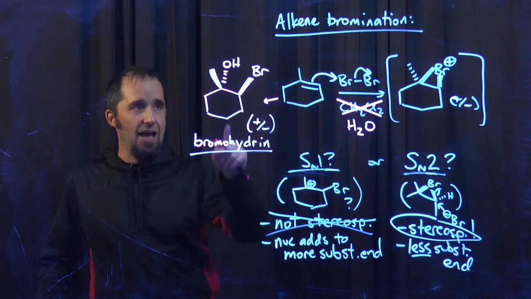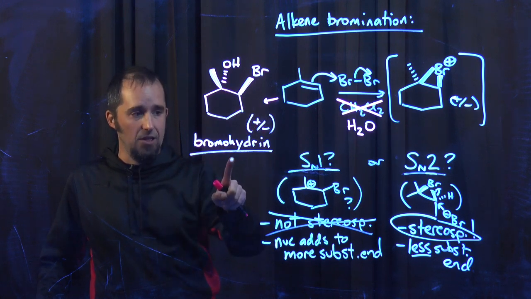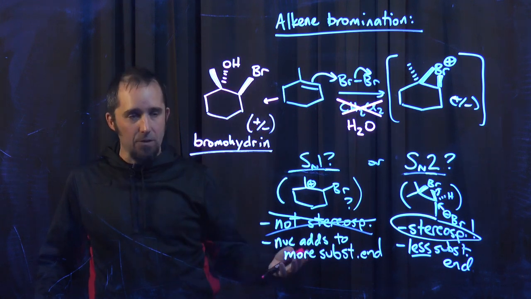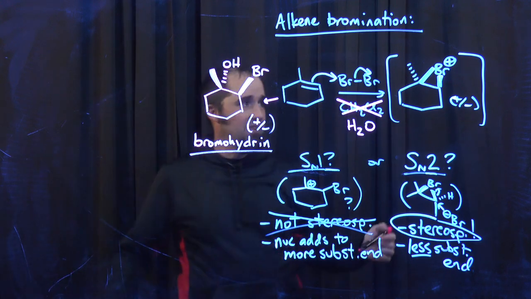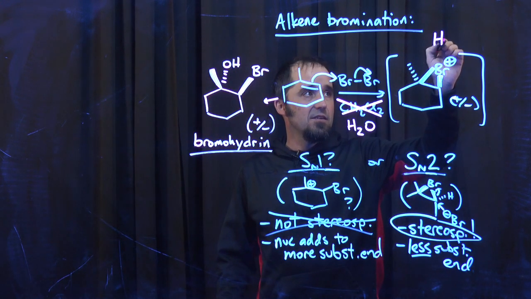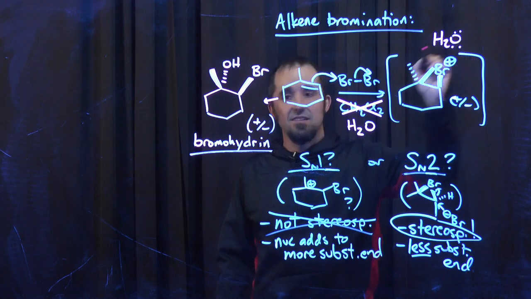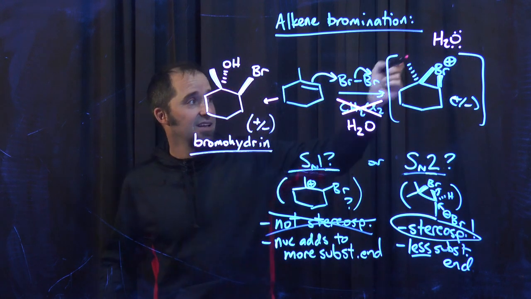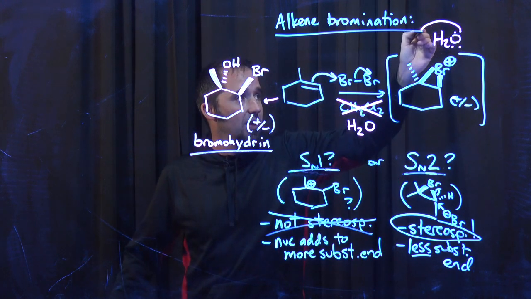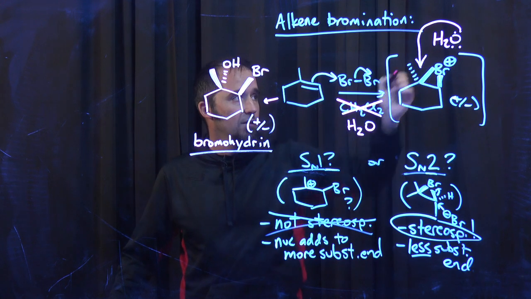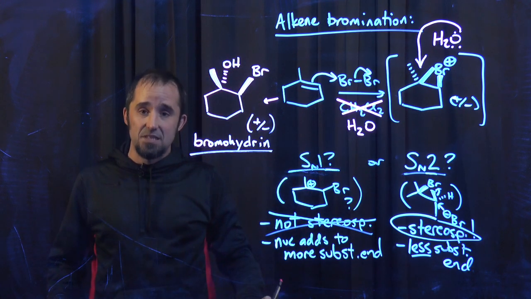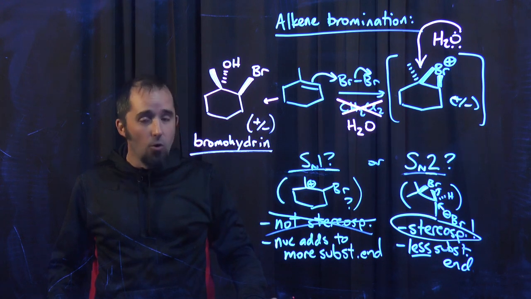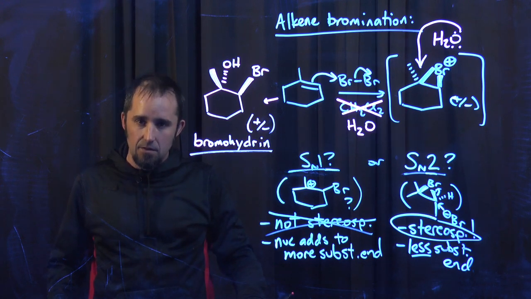Because I essentially added Br and OH. Okay? What happened? So what happened is my solvent, of which there is a lot, is coming in and opening the ring stereospecifically, but at the more substituted end.